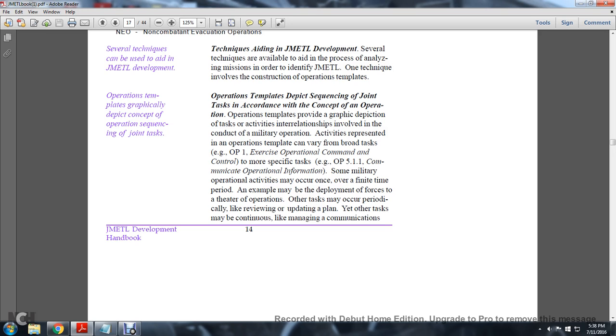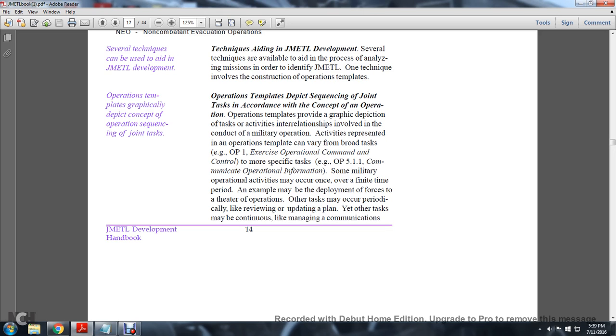The operational templates provide a graphic depiction of the tasks and activities and the interrelationships involved with the conduct of the military operation. The activities represented in operational templates vary, from broad tasks such as operational planning, to exercising operational command and control for the specified tasks, and communicating operational information.